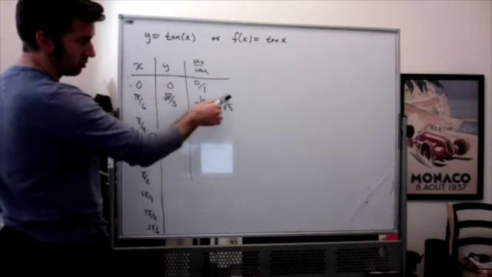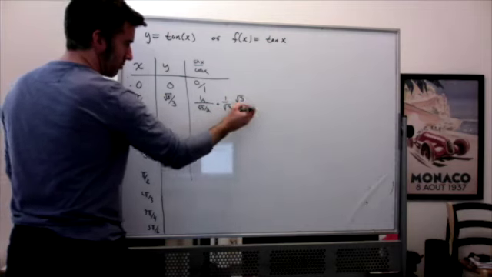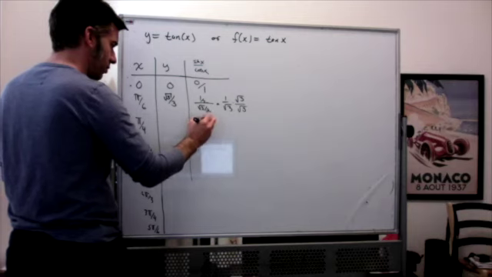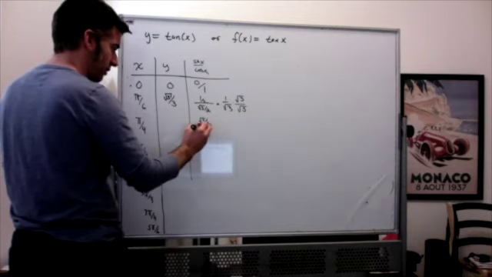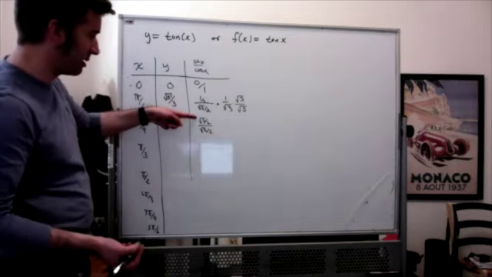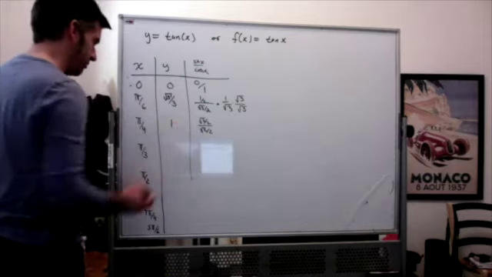I'm just multiplying by root 3 over root 3. For pi over 4, sine and cosine are both the square root of 2 over 2. Anything divided by itself is 1.